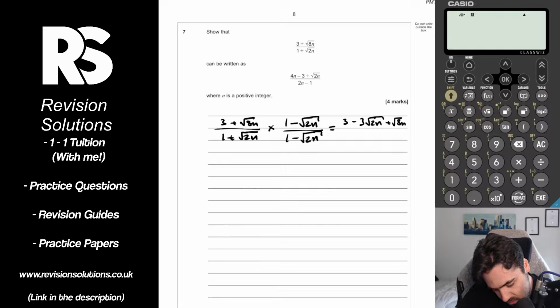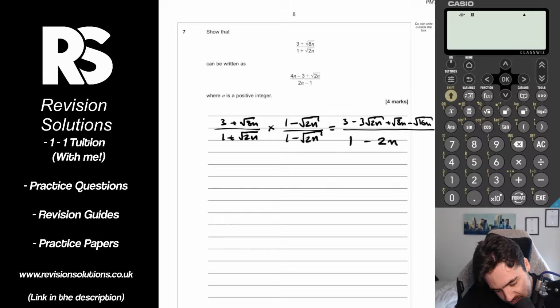And then root 8n times minus root 2n, so let's call that minus root 16n, and we'll simplify that in a minute. Then on the bottom, we're going to have the 1 times the 1. The root 2n times 1 and the 1 times minus root 2n is going to cancel completely, so we can ignore those. And then root 2n times root 2n, that's going to be minus 2n on the bottom.